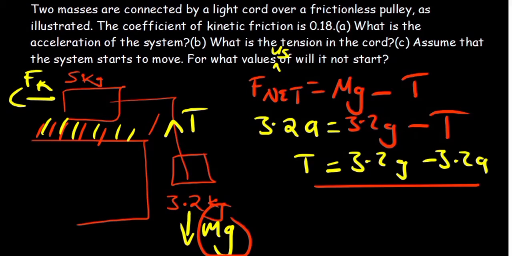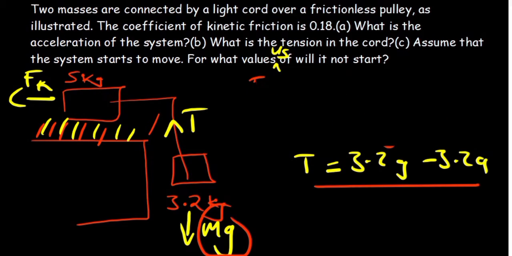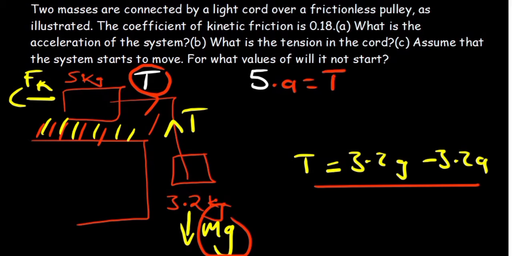What if you look at the mass that is going along the table, where there's friction, the 5 kilogram mass? What is making it move is the tension force. So its net force is the product of its mass, 5 multiplied by a, equal to the force making it move, the tension, minus what is opposing, the friction force.